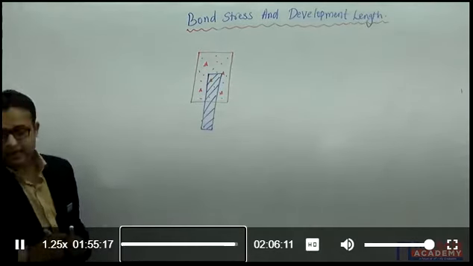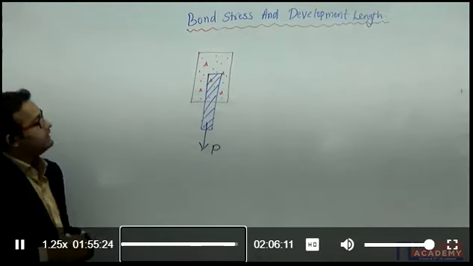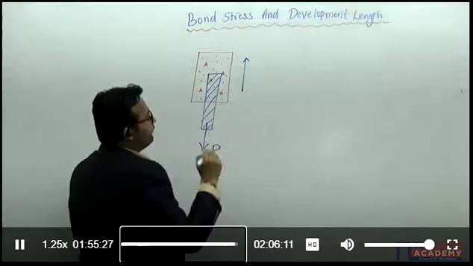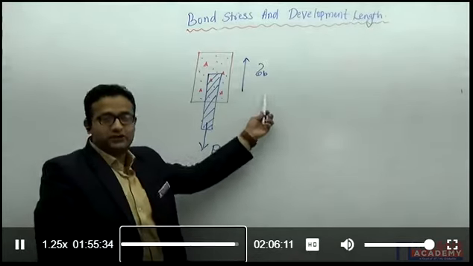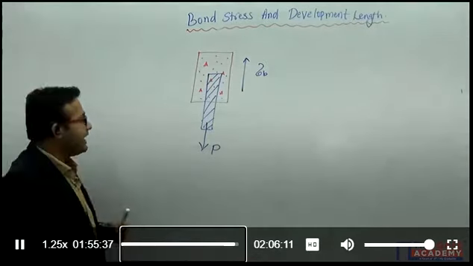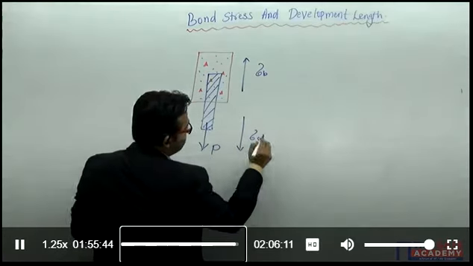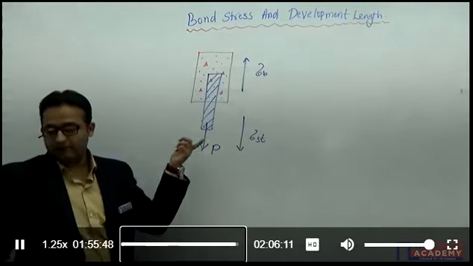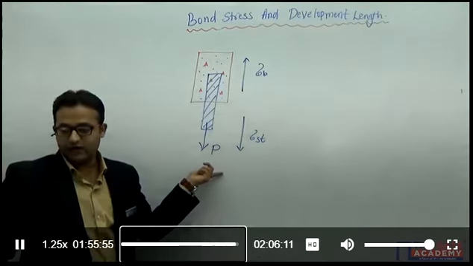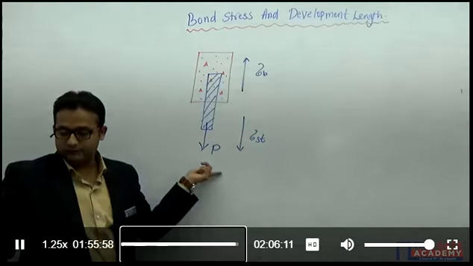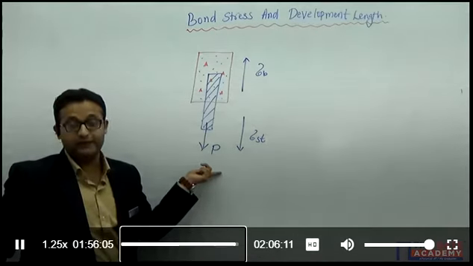We are pulling this steel bar with the force P. The stress acting in the upward direction, in the concrete, is sigma B, the bond strength of the concrete they have given, and sigma ST is the stress from the force applied. The question is, if the block is held in position and it is assumed that the material of the block does not fail, which of the following options represents the maximum value of P?